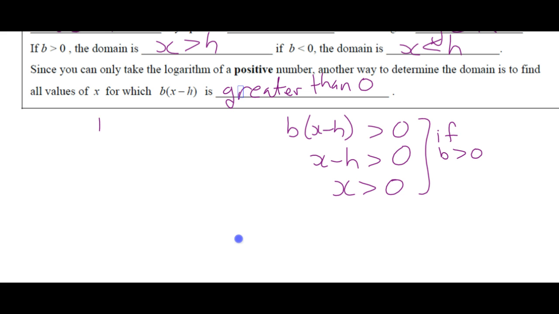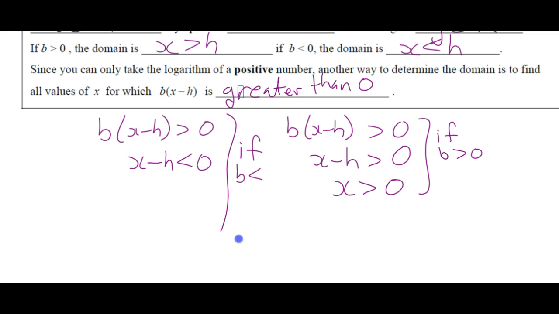Because, I'll do it over here, b times x minus h is greater than 0. X minus h is less than 0. That's if b is less than 0, right? Because then you're dividing both sides by a negative. You have to change the inequality sign, and so x will be less than h. Okay? It's just summarizing stuff.